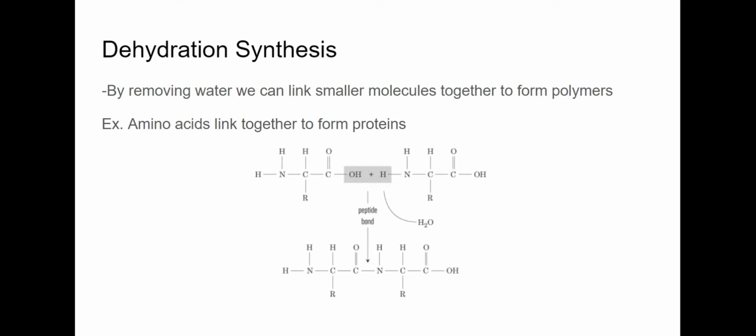So dehydration synthesis is by removing water. You can see in the top there, we've got two separate things, a little plus between them. We're going to add those together and take water away. So the two H's and the O there in the middle are leaving. Then a bond is formed and we get a polymer. So we're forming polymers by taking water away.